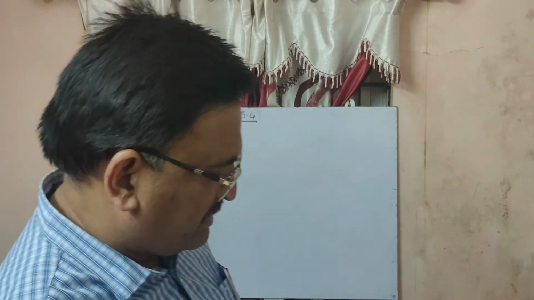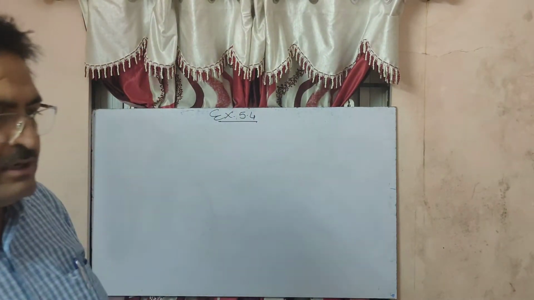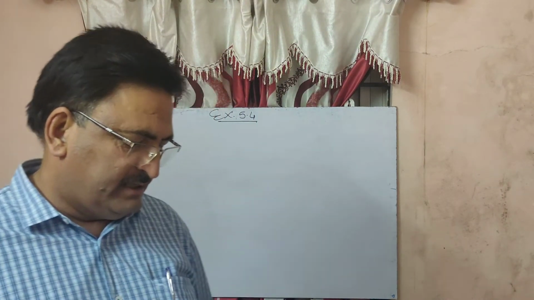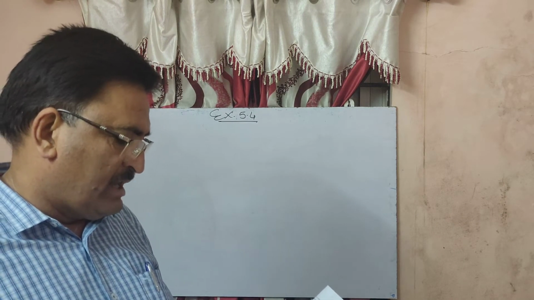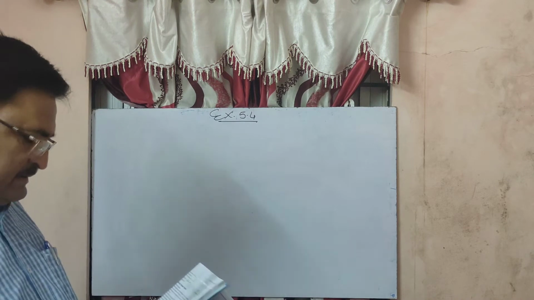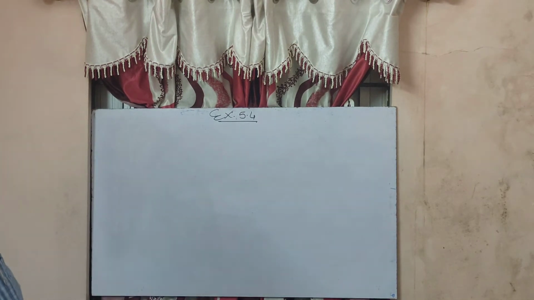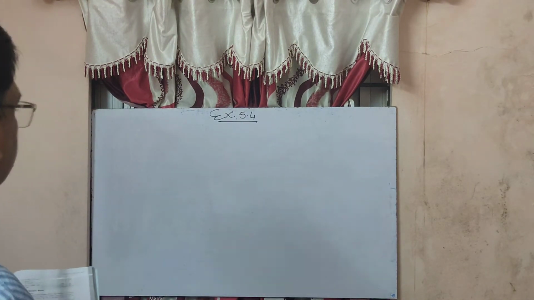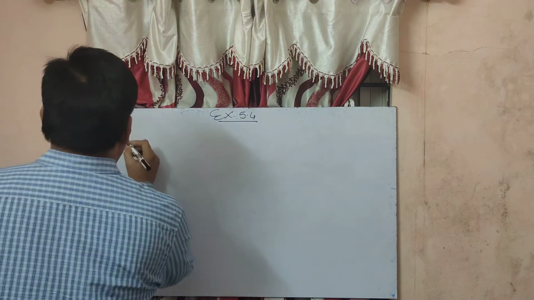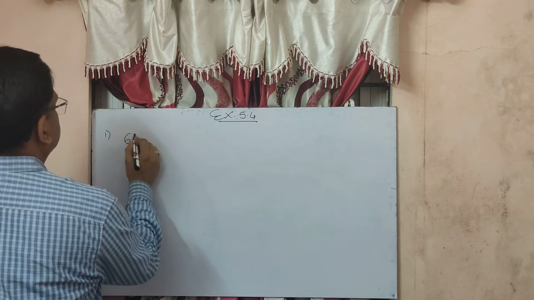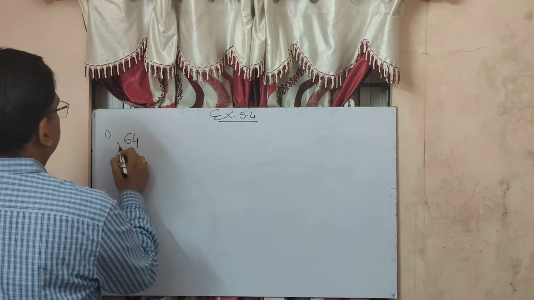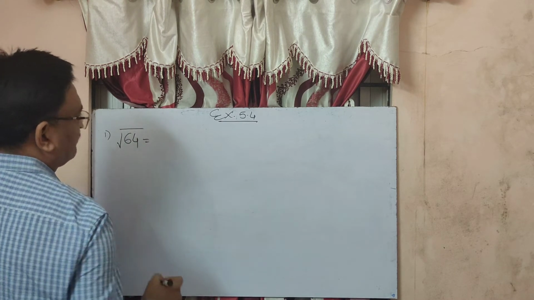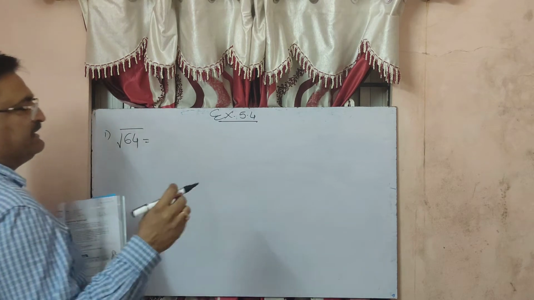Just now we have noted the important point, that is, find the number of digits in the square root of each of the following numbers without any calculation. You have to find the number of digits. Now, this is the square root of 64, a perfect square, and you have to find the square root of this number and how many digits it has.